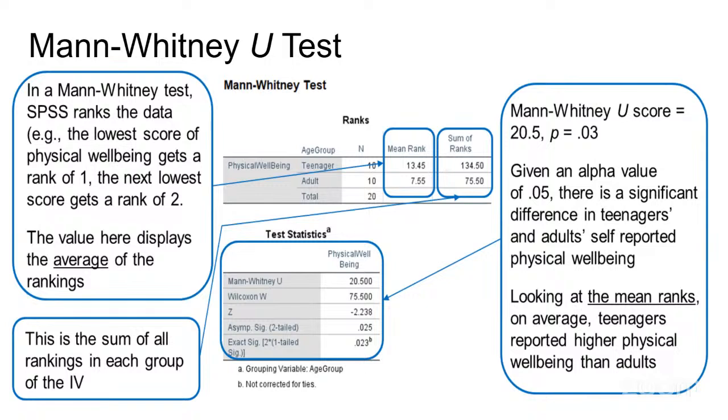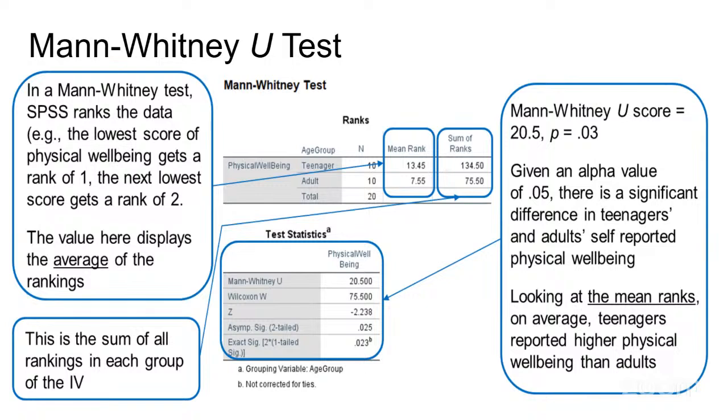Mann-Whitney U scored 20.5 and the p-level is 0.03. Given an alpha value of 0.05, there is a significant difference in teenagers' and adults' self-reported physical well-being. Looking at the mean ranks, on average, teenagers reported higher physical well-being than adults.